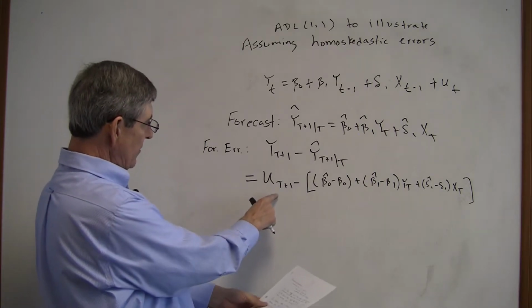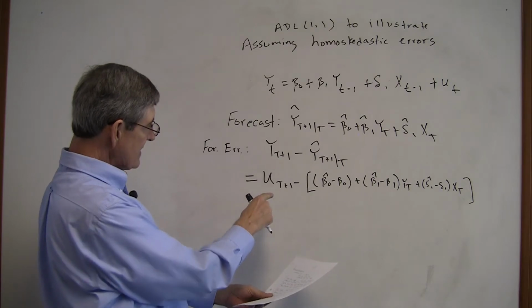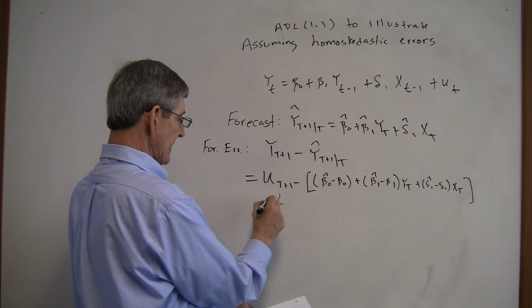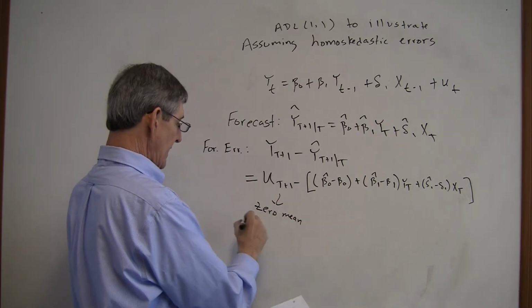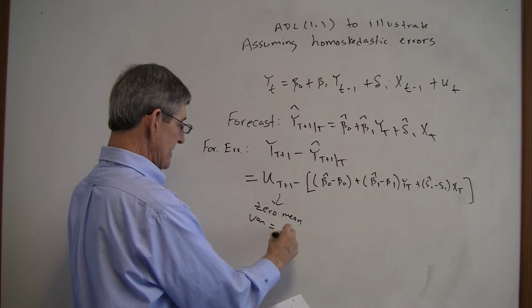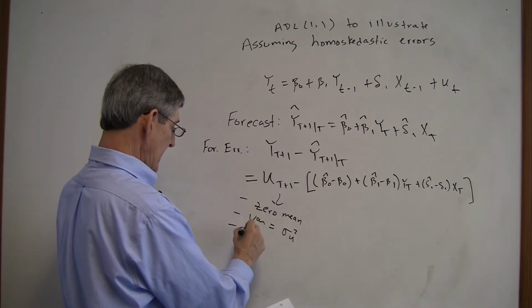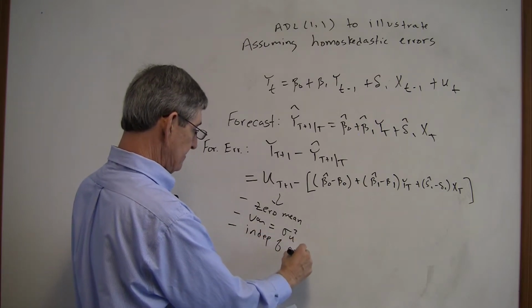So this is a zero mean homoscedastic process, and the variance is sigma squared u. And it's independent of the other term.